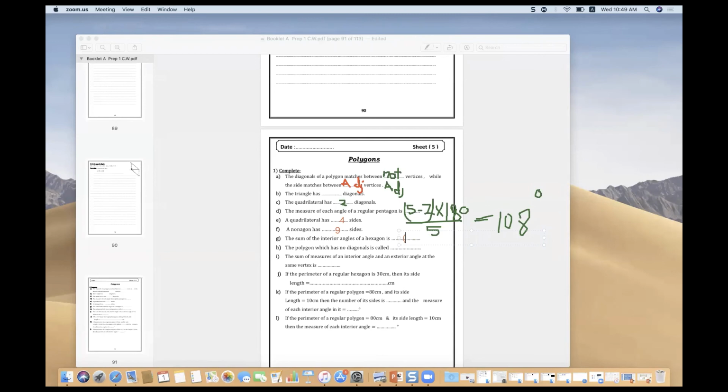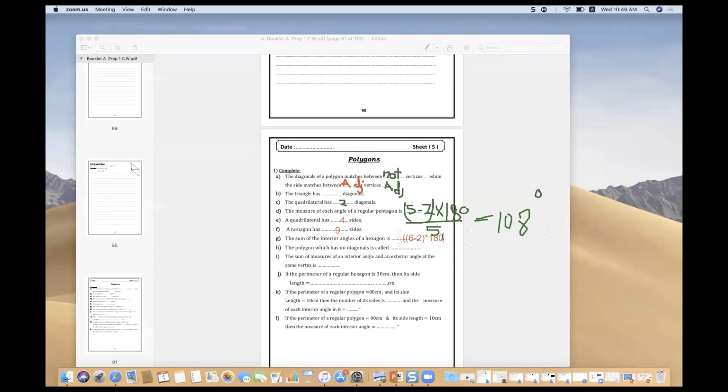So 6 minus 2 equals 4, and 4 times 180 equals 720. And to find each interior angle, what shall I do? Divide by the number of sides.